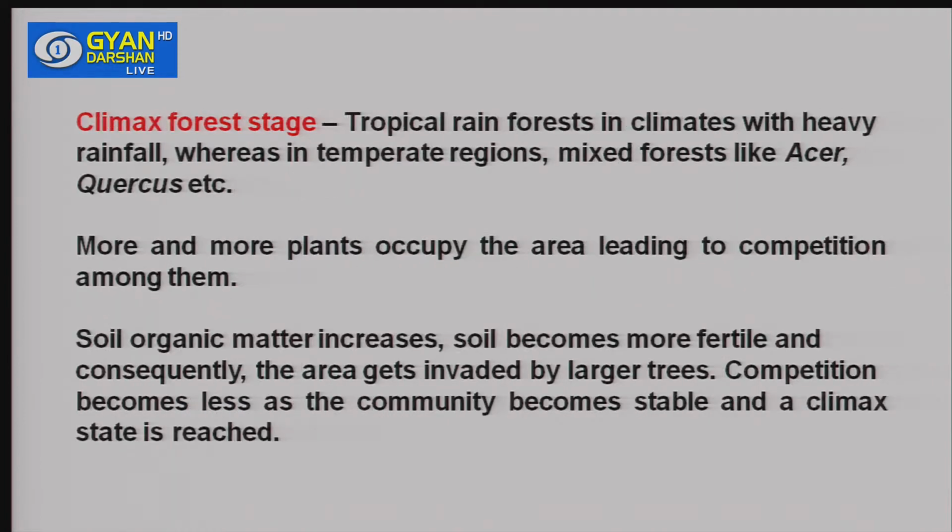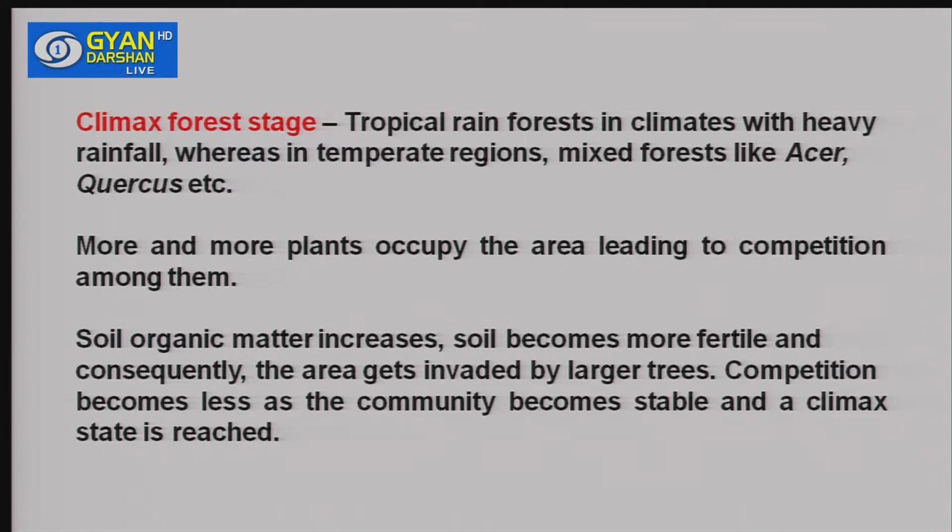Finally, you reach a climax forest stage, that is the tropical rainforests in climates with heavy rainfall, whereas in temperate regions there are mixed forests like Acer, Quercus, etc. You have the forest community, because again there is death and decomposition of the shrubs, and therefore more and more organic matter formation, and only those plant species which are much taller, which can utilize the maximum amount of sunlight, will grow.